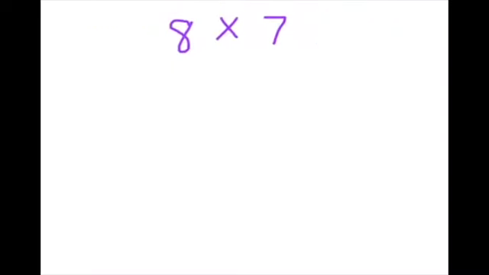All right, at this time I want you to pause the video and I want you to try the distributive property of multiplication with this problem by decomposing it and breaking it down into smaller problems that you already know. Remember, you can ask yourself, are you more comfortable with times 8 facts or times 7 facts? You can pick one of those to keep each number the same.